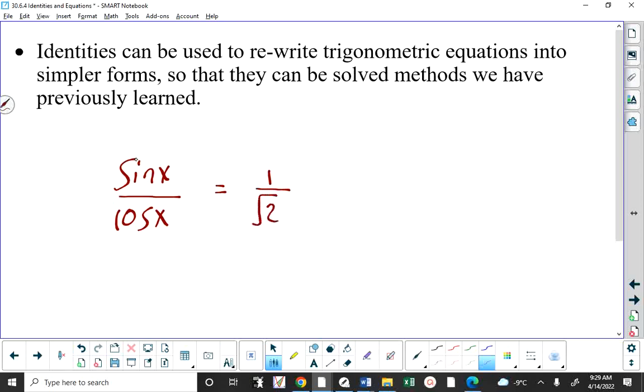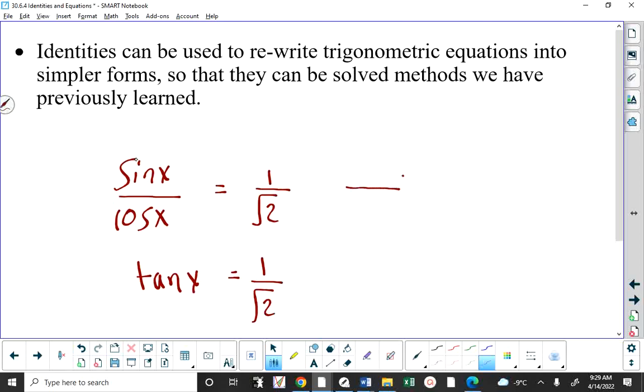This is almost too simple, but it drives home the idea of what I'm talking about. We're going to take an equation that's complicated, which is what you're looking at, and make it less complicated by writing tangent of x equals 1 over root 2.